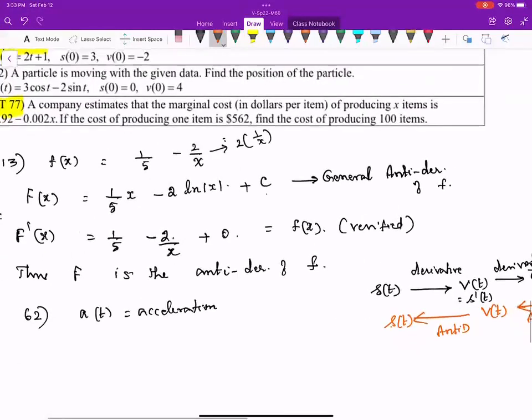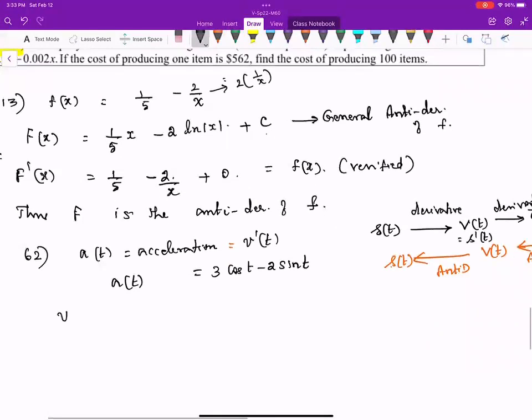So acceleration is what is given in our problem, which is nothing but the derivative of the velocity, which is equal to 3 cosine of t minus 2 sine of t. That is A of t. When I take the antiderivative, I'll be getting V of t, is antiderivative of A of t.